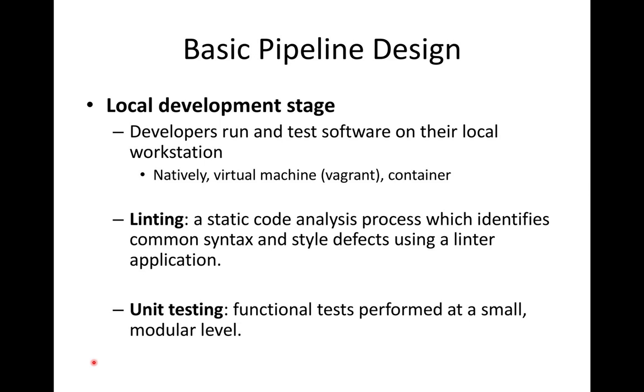Sometimes they'll be testing software inside of a virtual machine, like a Vagrant environment, or on a container. Maybe they'll be using a virtual machine that the company is providing to them. But this is a local development environment, a local sandbox that the developer is working in.